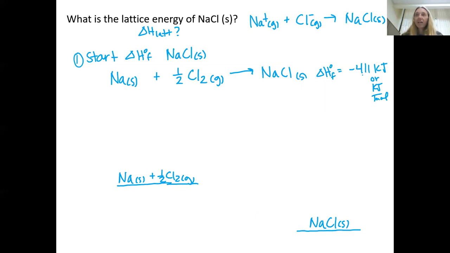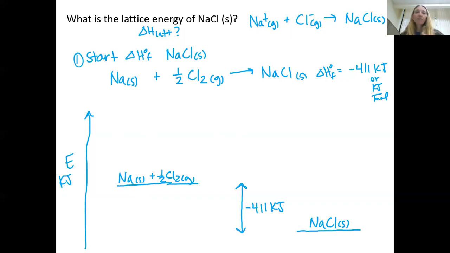And I know from the delta H of formation that the distance between this and this is negative 411 kilojoules. We've seen these diagrams before, where energy in kilojoules is on this side. Wherever this starts on the energy diagram, it doesn't matter where you draw it, we're going to end negative 411 kilojoules lower in energy at sodium chloride.